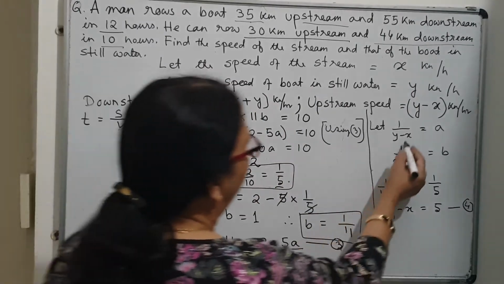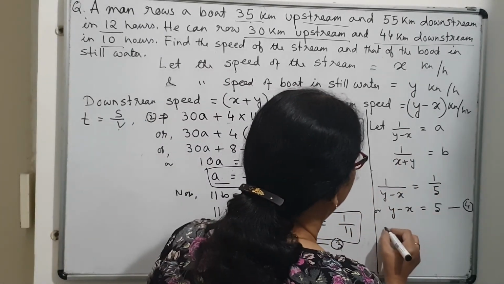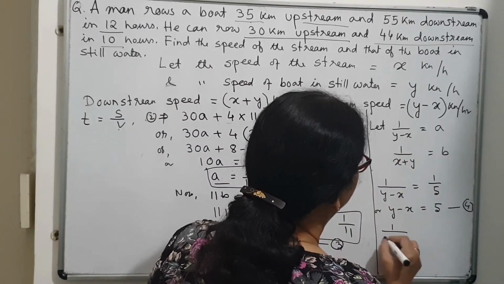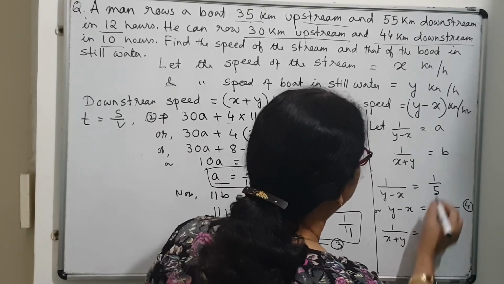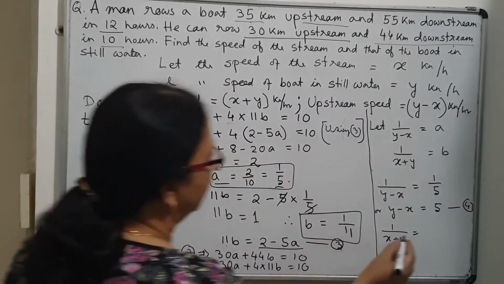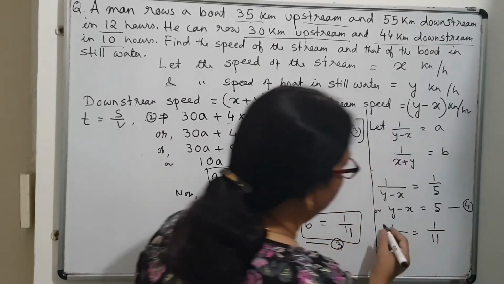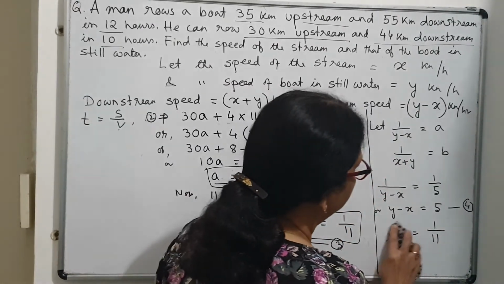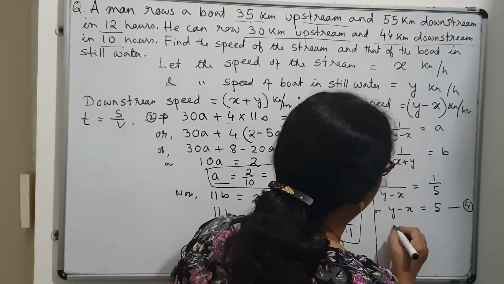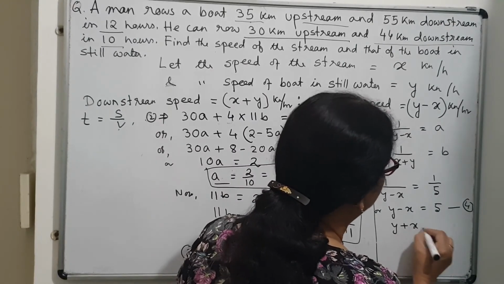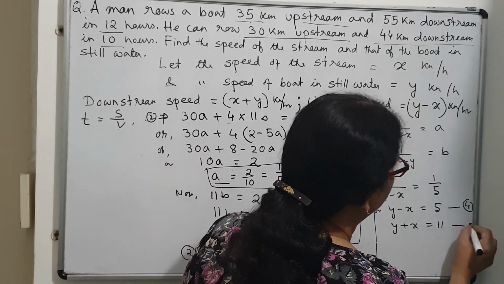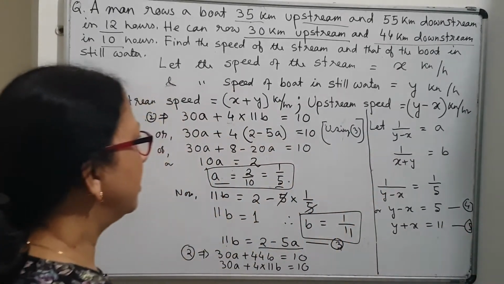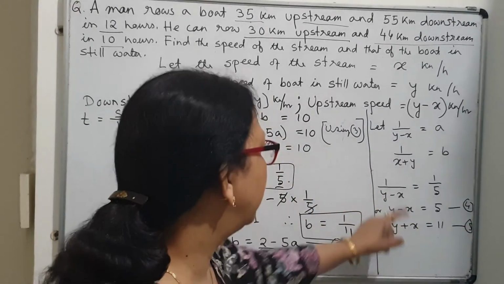Then 1 upon x plus y is b. What is b? It is 1 by 11. By cross multiplying I will be getting x plus y is 11. So in this way I have got two very simple equations.